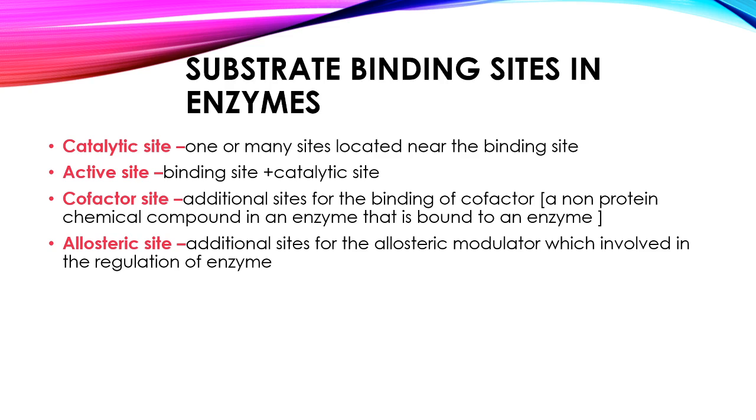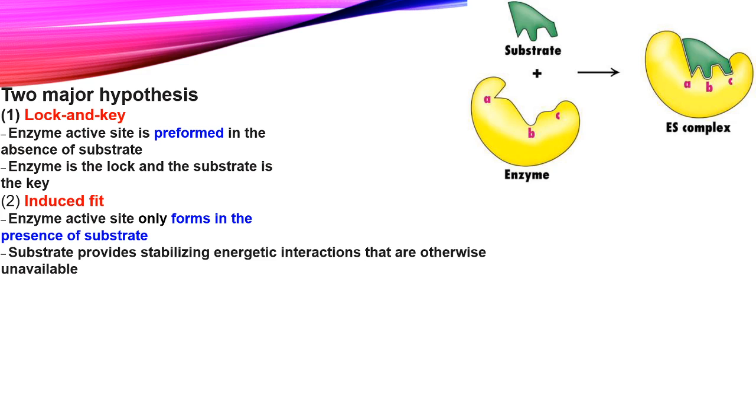Okay. Next, moving to two major hypotheses: one is lock and key and the other is induced fit. Let's read. In lock and key, the enzyme active site is preformed in the absence of substrate. Enzyme is the lock and substrate is the key.